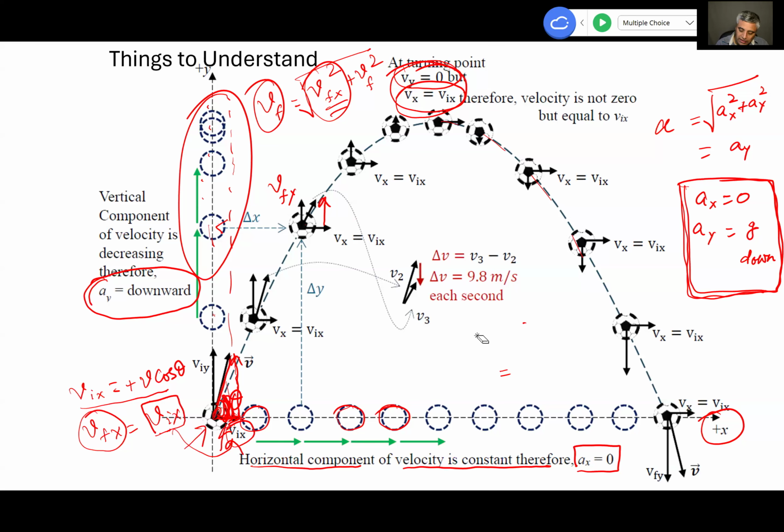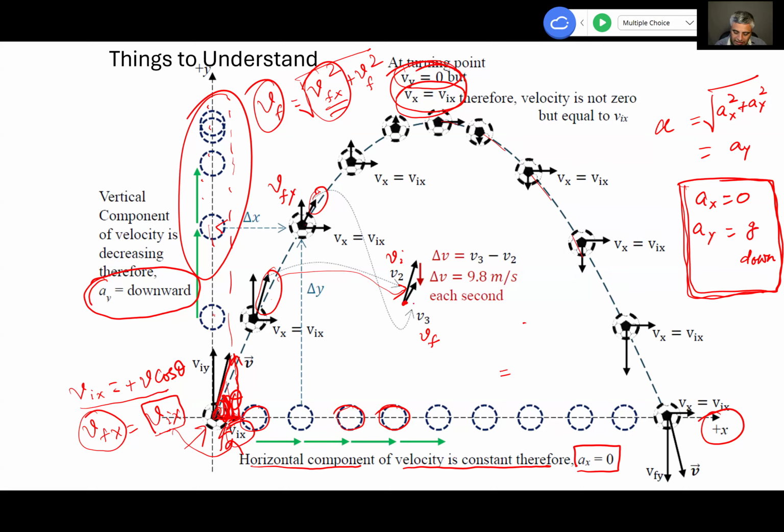And another thing about this, remember, the direction of acceleration can also be found by using the velocities at these individual points. So here I'm drawing one of these, like a V2, and this is V3 at, let's say, the third time interval. For these two, we can think of V2 as the initial and V3 as the final, because V3 is later compared to V2.